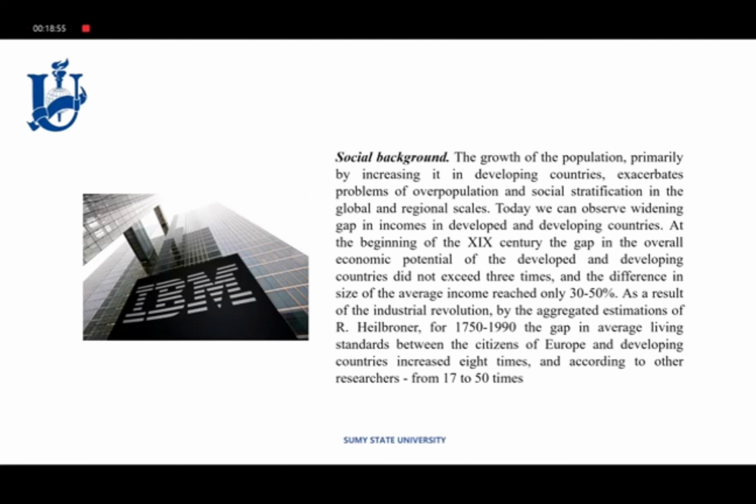Today, we can observe a widening gap in incomes in developed and developing countries. At the beginning of the 21st century, the gap in economic potential of the developed and developing countries did not exceed 3 times, and the difference in size of the average income reached only 30 to 50% as a result of the Industrial Revolution.